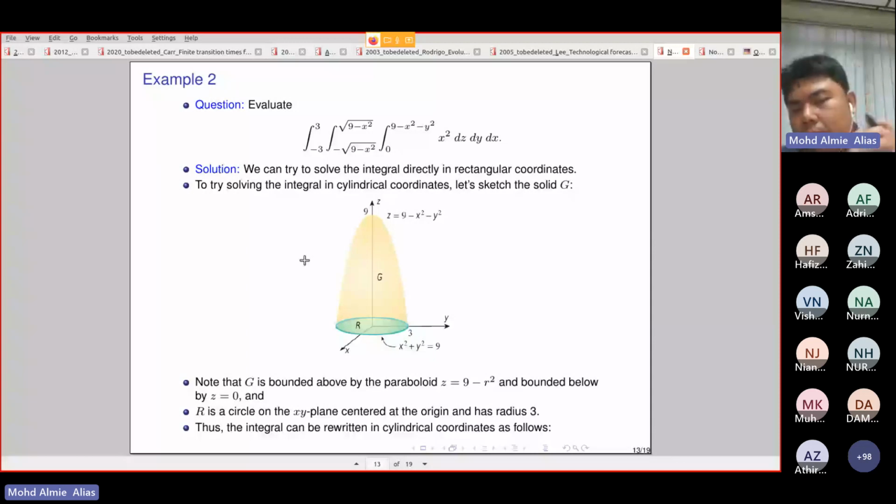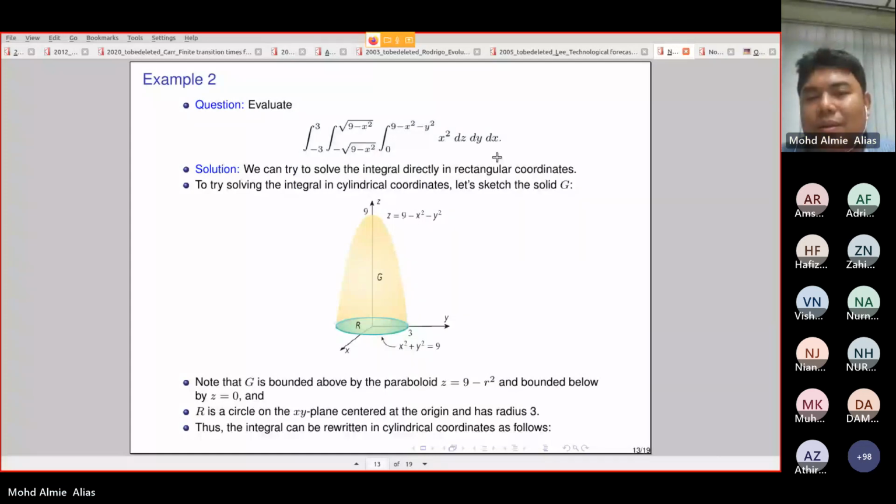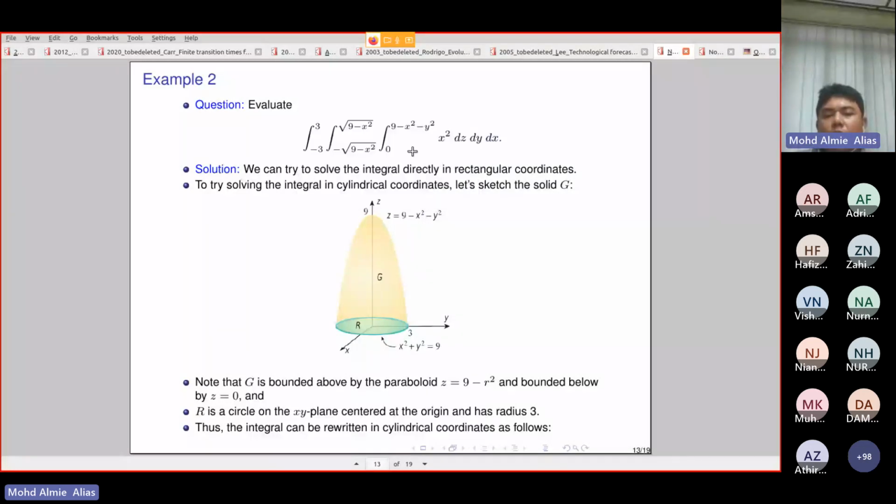But now we are talking about how to solve this in cylindrical coordinates, assuming that this cannot be solved using Cartesian coordinates. I think you can solve this using rectangular, as I said just now, but they assume that we can't solve them directly, so we need to convert it to cylindrical coordinates.